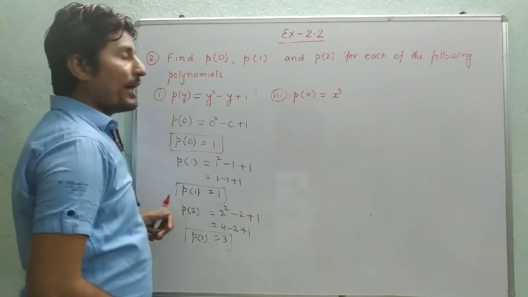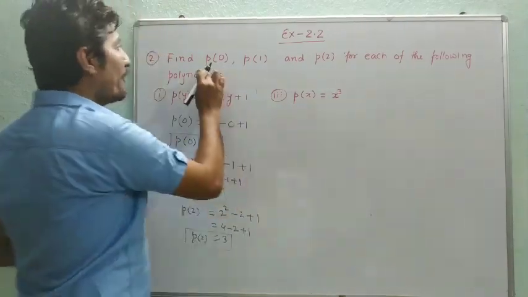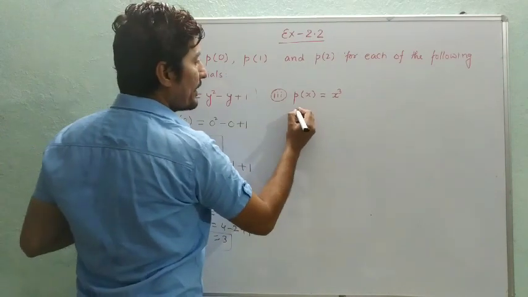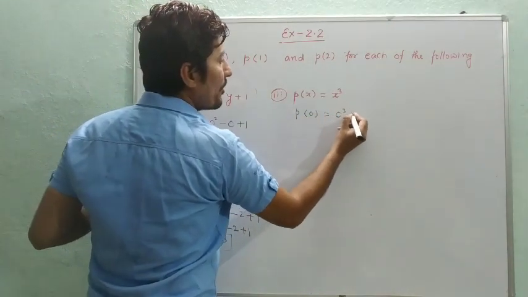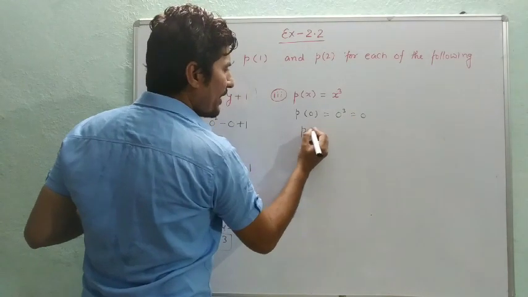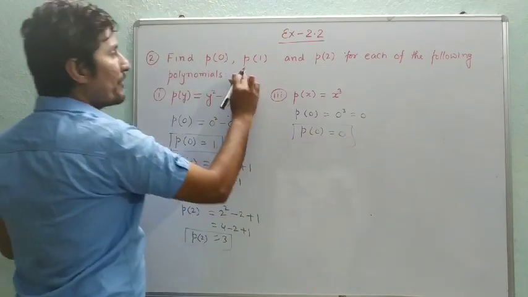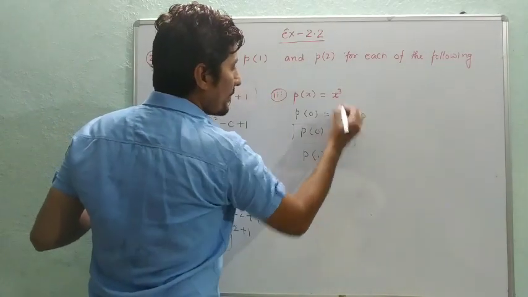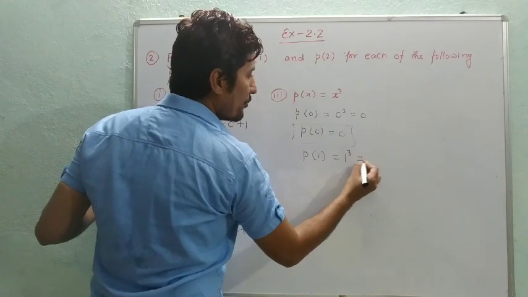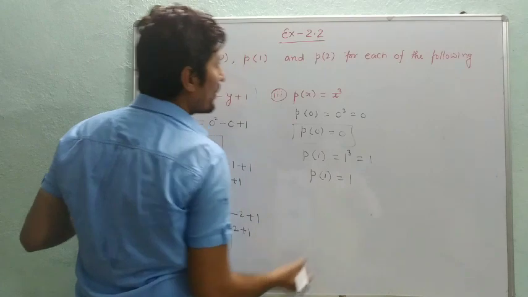Similarly, we have to find the value of P(x) equals x cube. So very first one is P(0). We can write here P(0) equals 0 cube, or we can say 0. So finally we have P(0) equals 0. Second one we have to find P(1). On the place of x we place 1. Cube of 1 will be equal to 1. So finally we have P(1) equals 1.